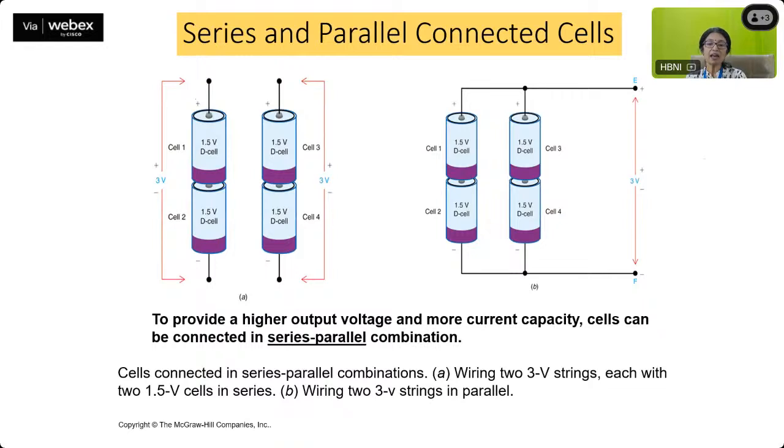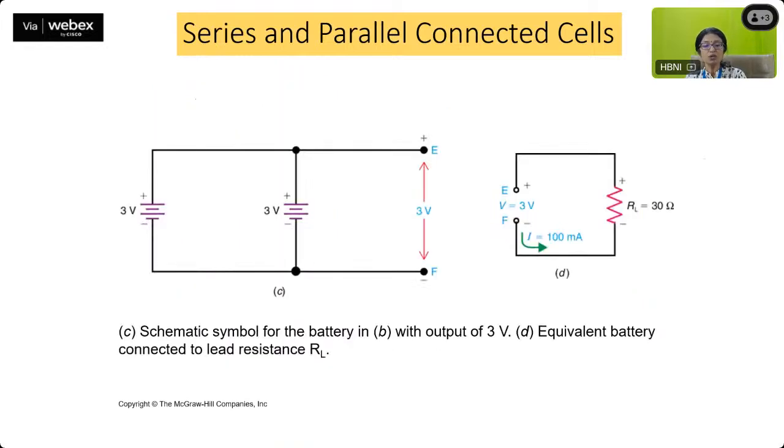Then you have series and parallel connected cells, as you can see over here. And when you are doing this, you can see how you can schematically represent it when you have 2-3 volt cells which are connected in parallel, the output voltage which is coming is 3 volt. And when you have a voltage of 3 volt, the current which you get is 100 milliampere, when you have a resistance of 30 ohms.